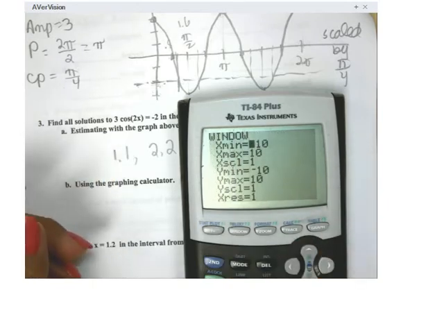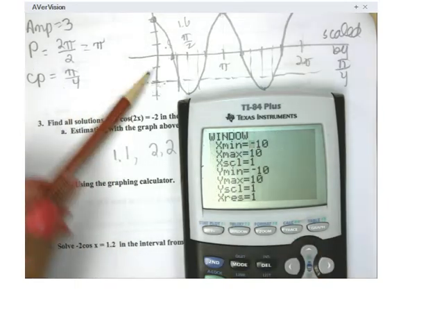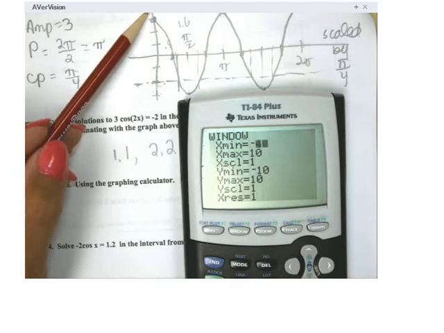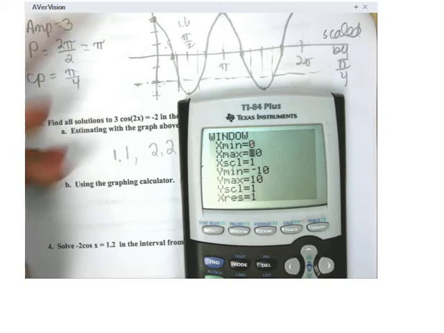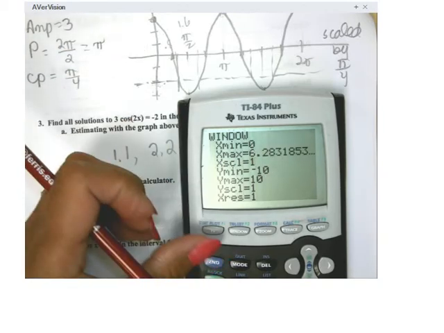I'm in radian mode. Going to go to y equals and type in my equation of 3 cosine of 2x. I'm also going to have in for y2 -2, and I'm going to graph over the window.